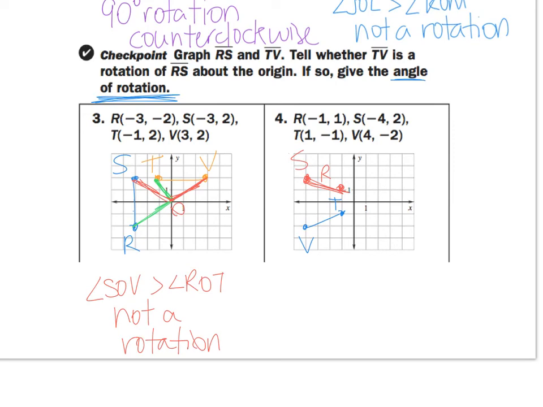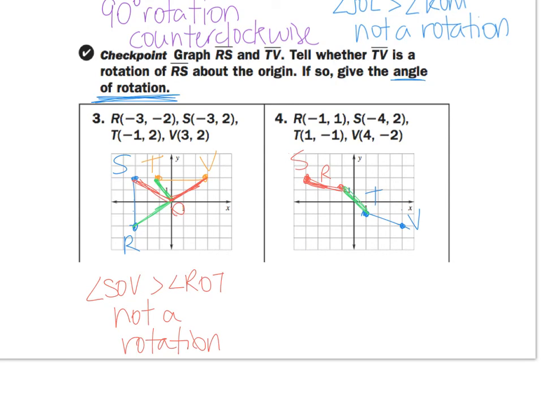Okay, we're going from R. Oh, I don't have this plotted right either. Sorry. Let's try this again. (1, -1), T and V. Okay, so we're going from R to T. Just a straight line going through the origin.